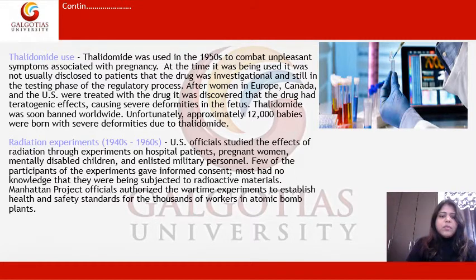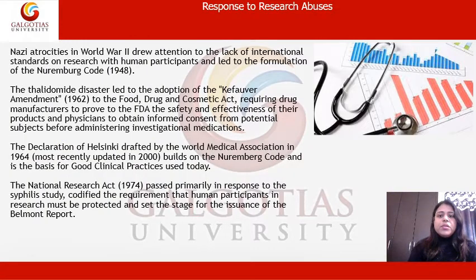Most had no knowledge that they were being subjected to radioactive elements. The project was officially authorized as a wartime experiment to establish health and safety standards for thousands of workers in atomic plants.